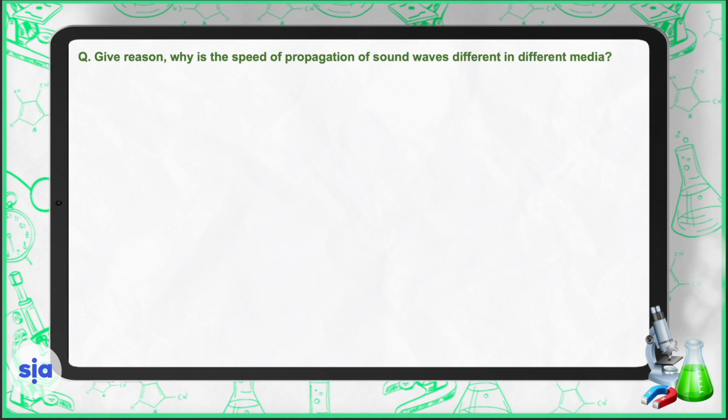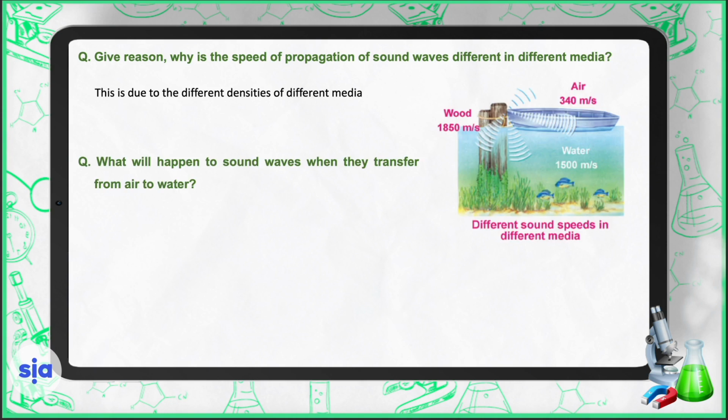Can you give a reason why the speed of propagation of sound waves is different in different media? This is due to the different densities of different media. What will happen to sound waves when they transfer from air to water?